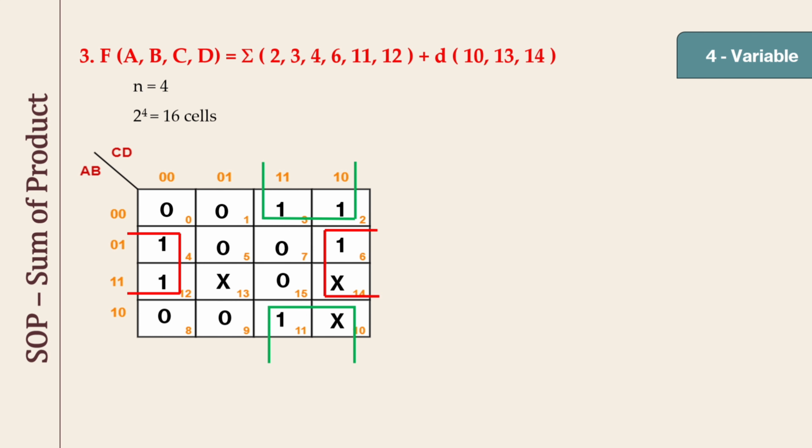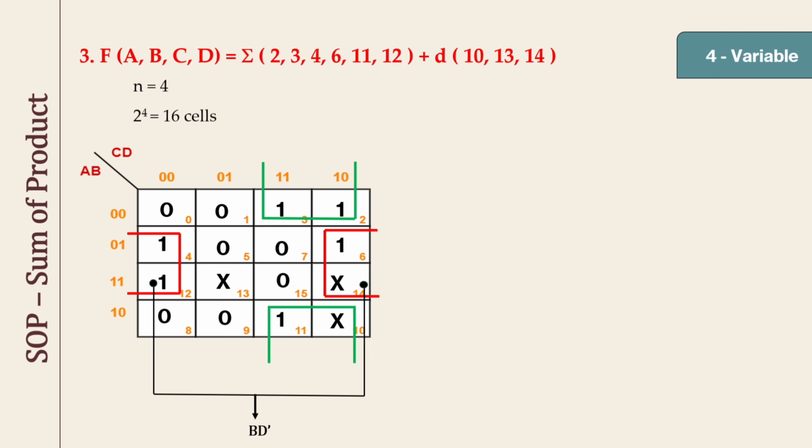Okay, now let's move on to naming the groups. Now let us consider the first group. In the first group, we can see B as common between 2 rows. And with respect to the columns, D bar is common between 2 columns. So we can name this group as B D bar. Now let us consider the second group.